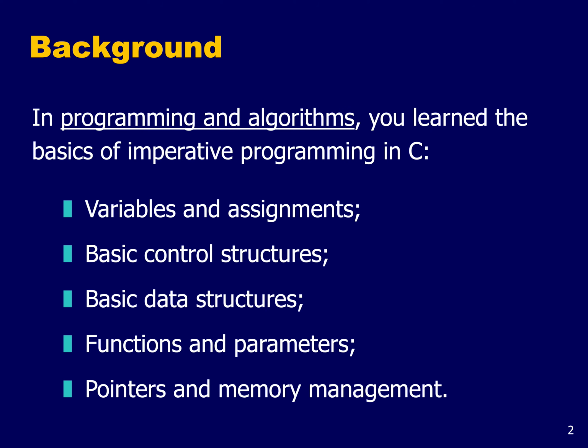Then as the course progressed, you came on to more advanced features of C: defining and using your own functions and different parameter passing mechanisms, call by value and call by reference. And towards the end, you learned about pointers and memory management, which is one of the important aspects of programming in a low-level imperative language such as C.